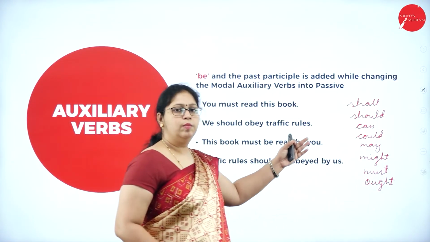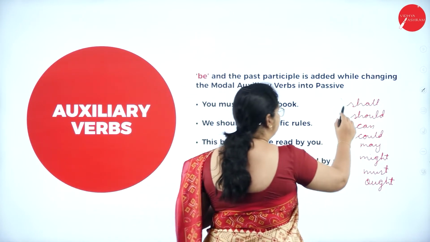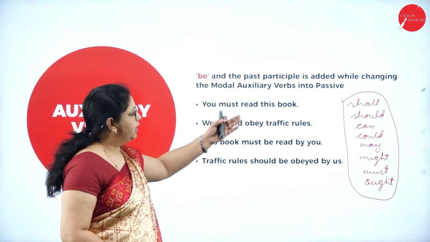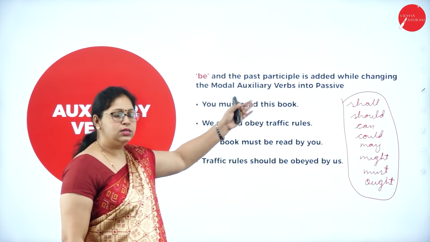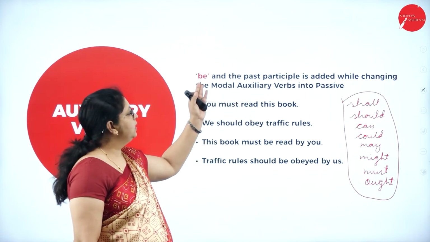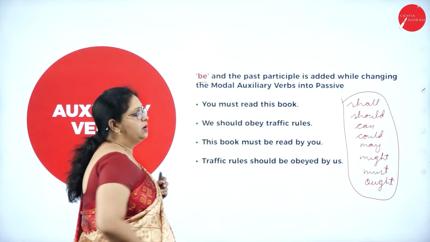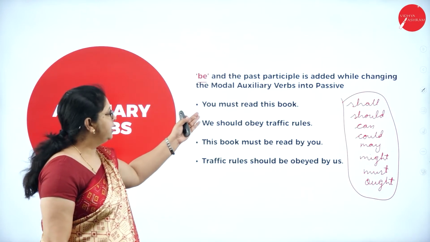All these are modals. These are auxiliary modals in English. So when there are auxiliary modals in the verb part, then we add the word be and the past participle form is added. Let us see the example.